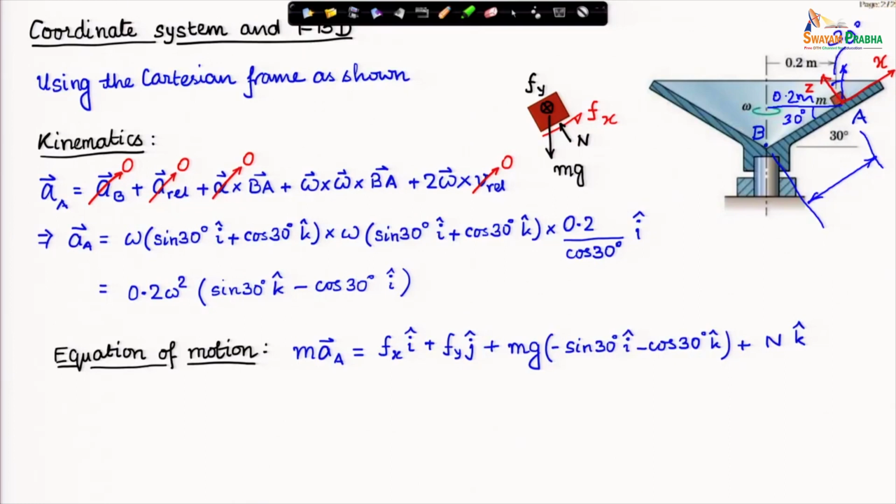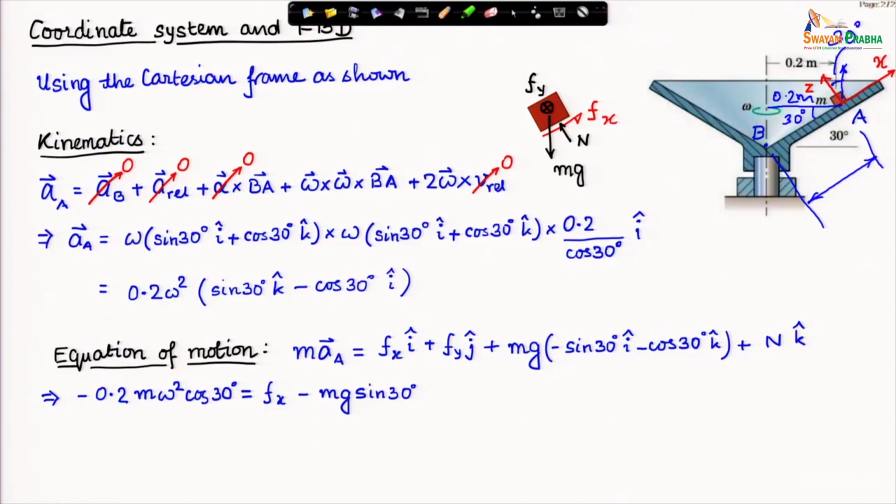The force of friction has an x component along i cap, y component along j cap, Fx i cap plus Fy j cap. Weight is vertically downwards, this is mg times a unit vector which is vertically downwards, plus normal reaction is perpendicular to the plane which is along z, and therefore, it is N times k cap.